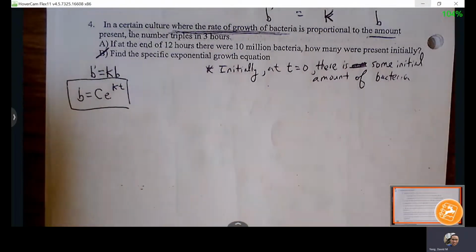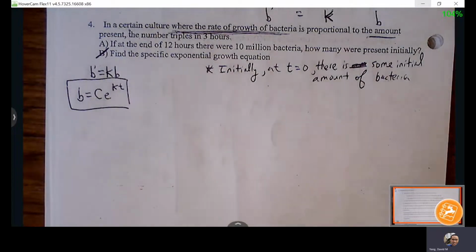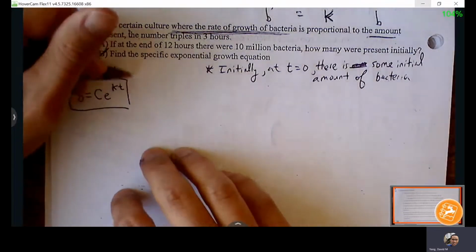Initially, at time 0, there's some initial amount. We don't know what that amount is, but we know that amount is going to be associated with t equals 0.